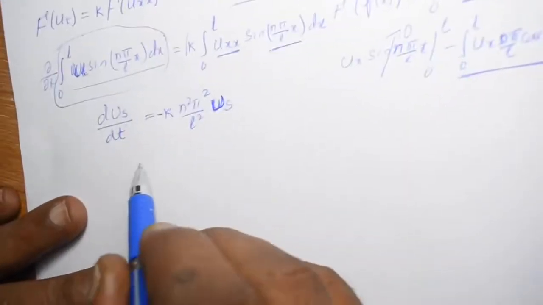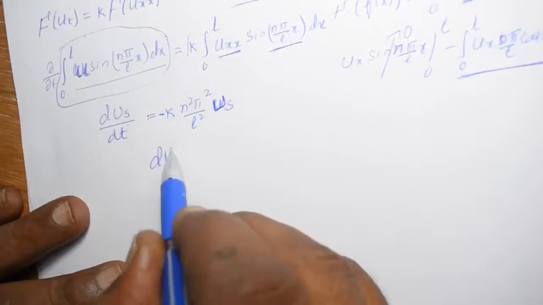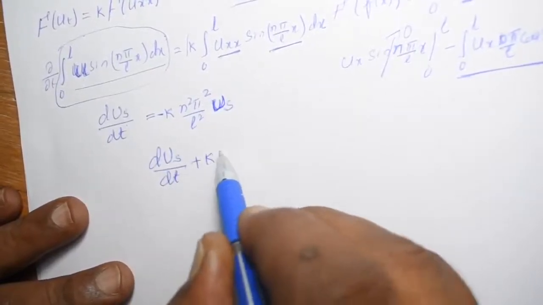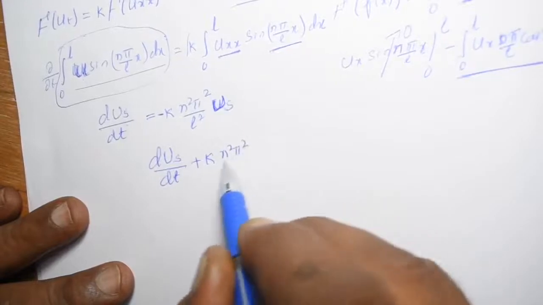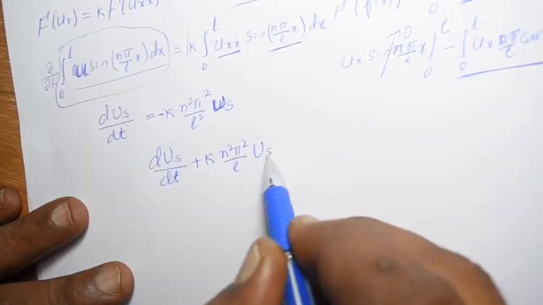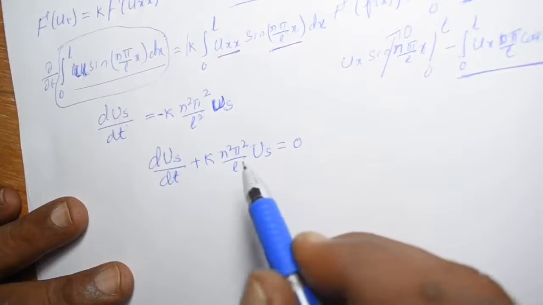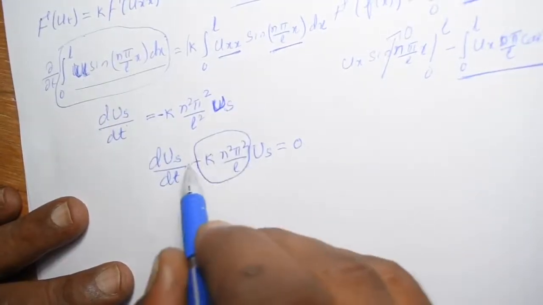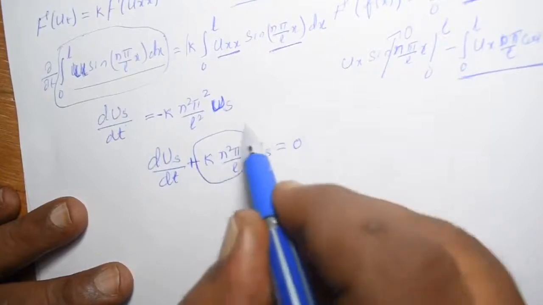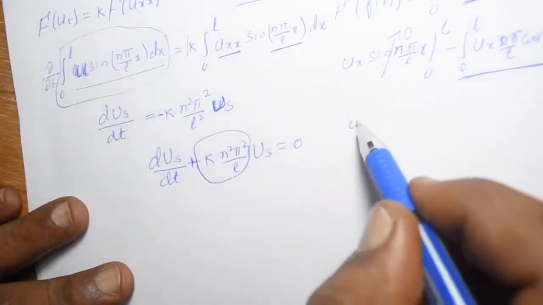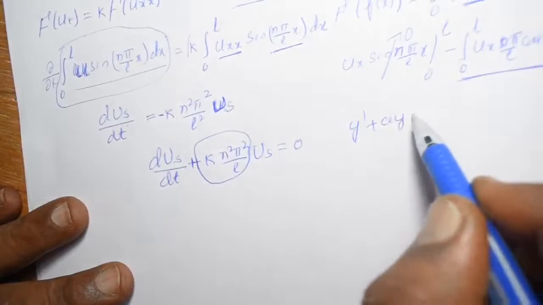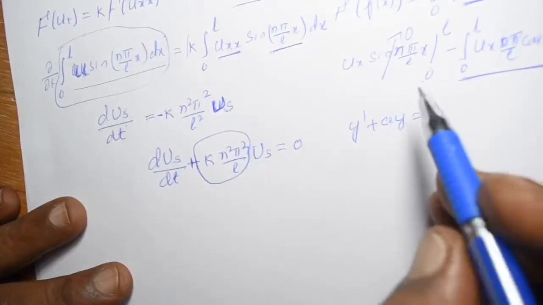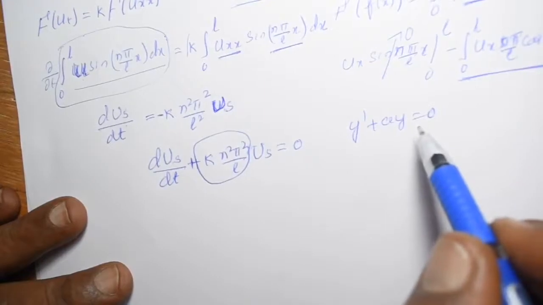So after simplification, you can write this equation as du_s/dt plus k n²π²/L² into u_s equal to 0. Got it? This total term is just like a constant. It looks like simply y' plus a y equal to 0. It is a first order ordinary differential equation. You know how to find the solution.